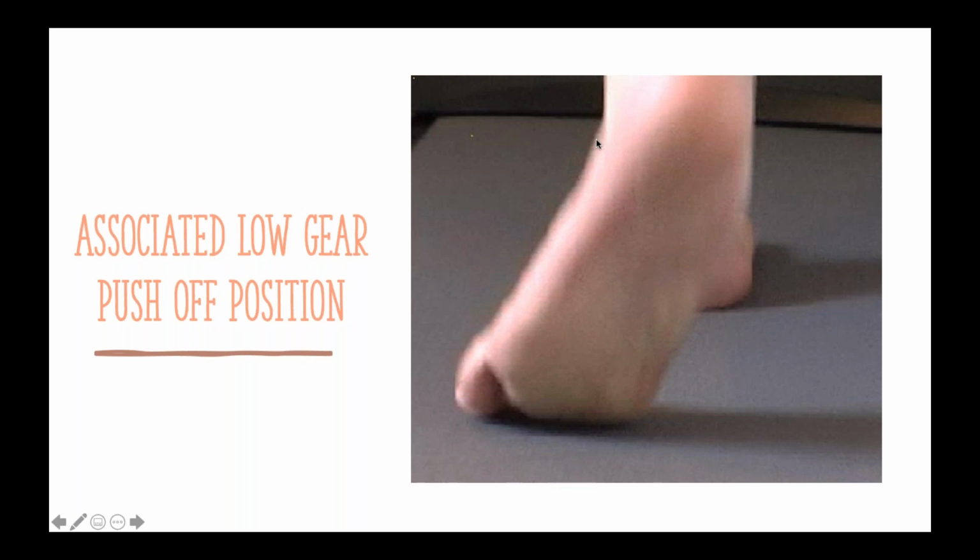So you can definitely see an association between low gear push-off, underactive glutes, or delayed glute activation. We know that delayed glute activation can lead to knee pain, hip labrum tears, groin injuries, ankle sprains, plantar fasciitis, pretty much anything lower extremity. So you do want to look at that push-off position.